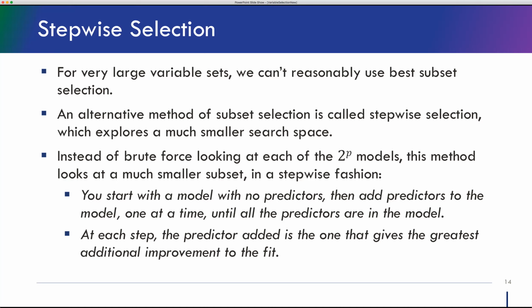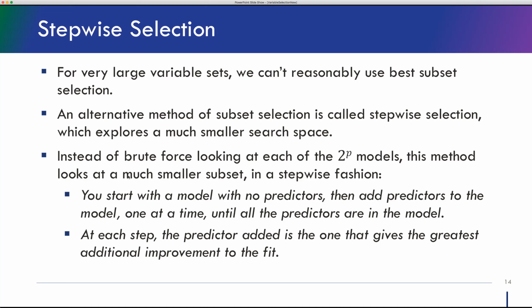So this is an alternative method, stepwise selection, which explores a much smaller search space. Instead of brute force looking at each of the 2 to the power of p models, this method looks at a smaller subset, in a stepwise fashion.